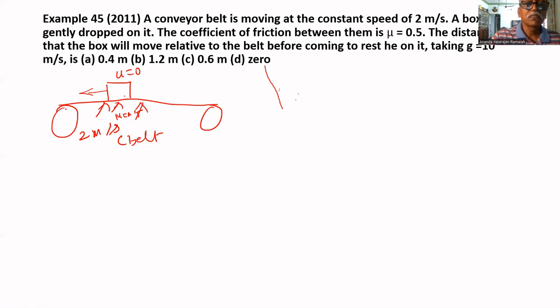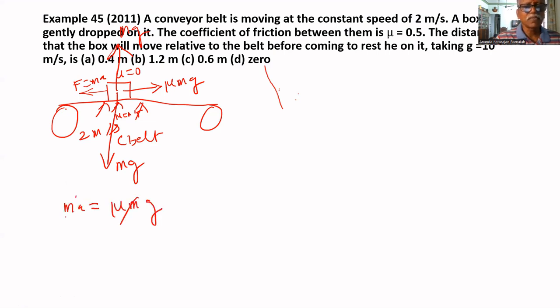What is the force acting downward? mg. Therefore, the normal force is also equal to mg. The box moves in this direction, so mu mg acts in this direction. F equals mass into acceleration. Therefore, mass into acceleration must be equal to mu mg.